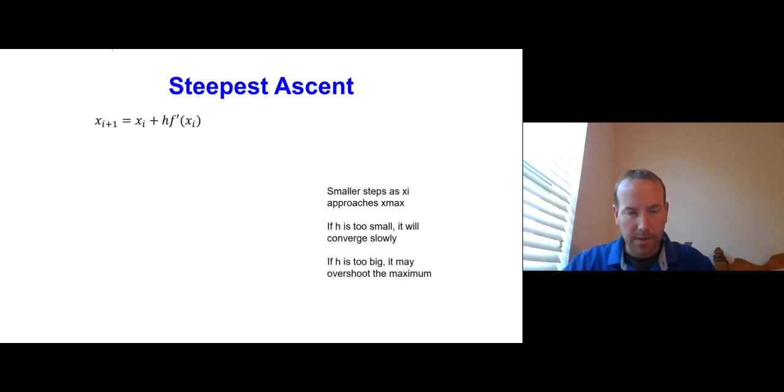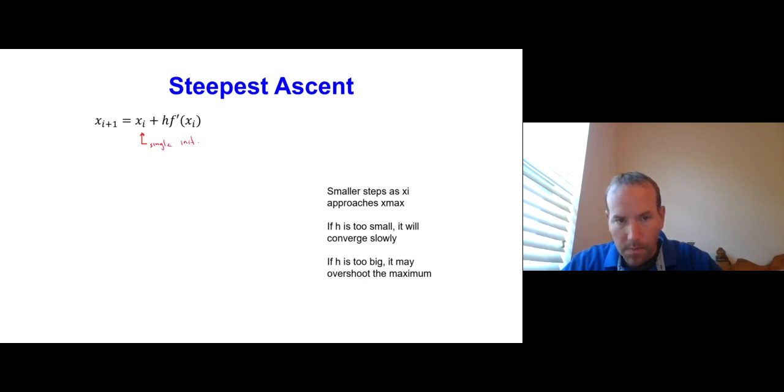So the simplest of these is called the steepest ascent method. And basically what it's saying is that it takes an initial guess, a single initial guess, at where the optimum is, and then it adds that to a step size h multiplied by the first derivative.